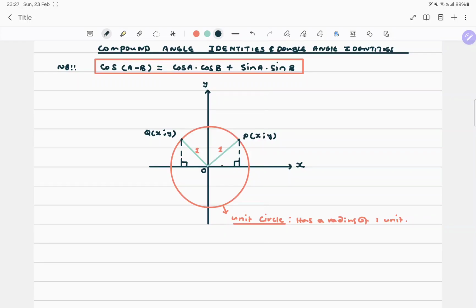So we can call this angle B. Let's call it angle B. And we call this obtuse angle here angle A. Alright, so we've got the obtuse angle A, the acute angle B.